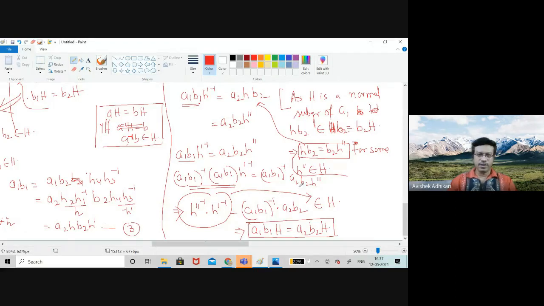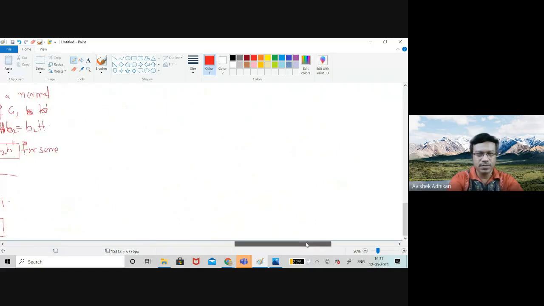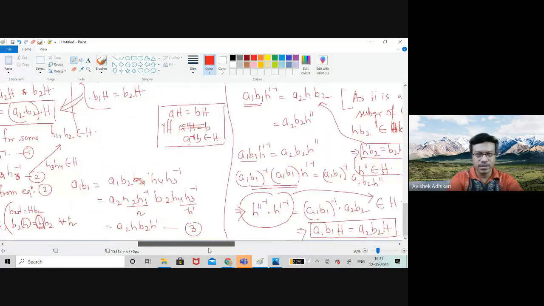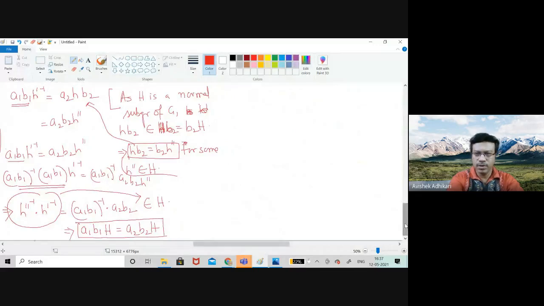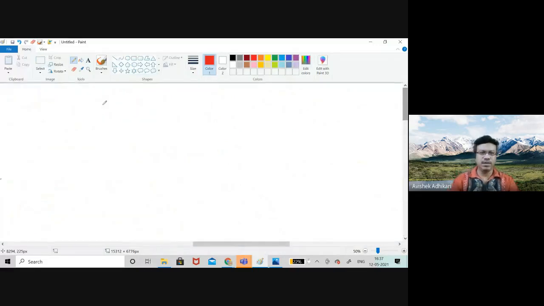Okay. So what we proved is that star is well defined, and the remaining things are quite easy. Associative and all the remaining things can be proved quite easily. What do you think the identity element is?